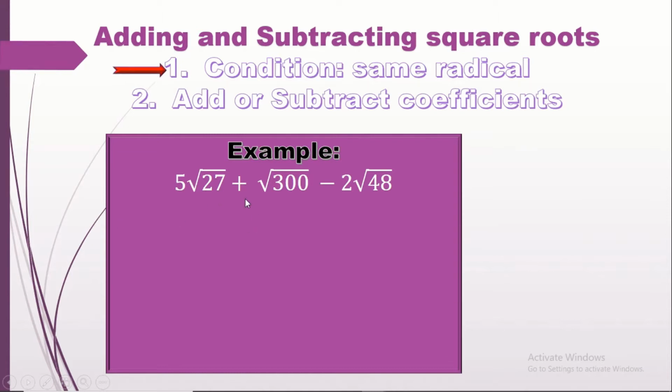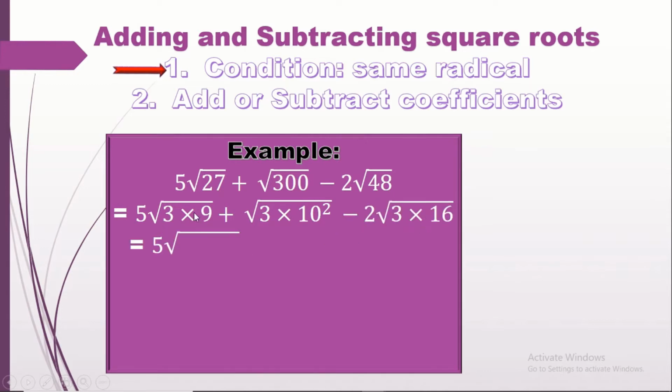But in order to get the same radical, we can simplify them. 27, for example, is 3 times 9. Also, 300 is 3 times 100. Also, we can write 48 as 3 times 16, which is 4 squared. Now we can replace 9 by 3 squared. 10 squared, we can write 10 directly outside the radical, so it's 10 radical 3 since we have times.